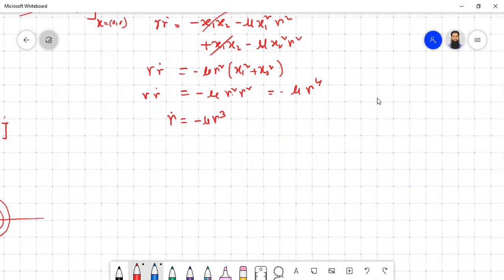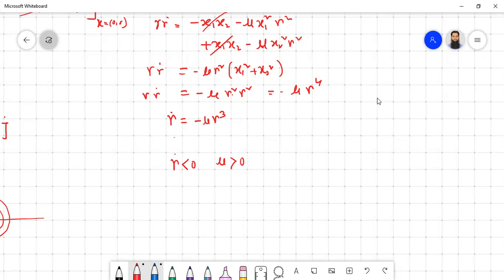So here, as you can see, r dot is always a negative value, that is lesser than 0 as long as mu is greater than 0. That means as long as mu is positive, r dot is always negative.